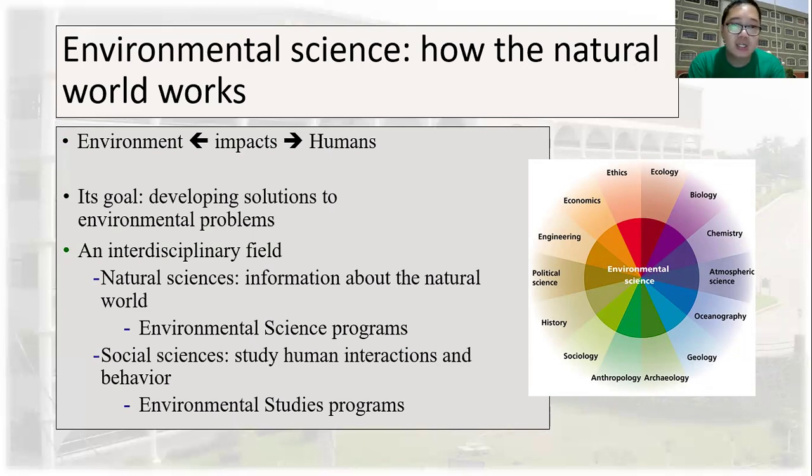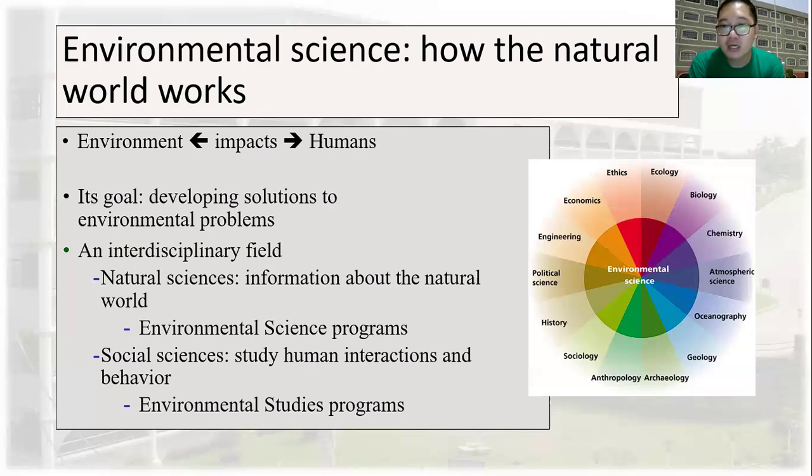Natural science is information about the natural world. It includes environmental science programs, while social sciences are the study of human interactions and behavior. It also includes environmental studies programs. So, environmental science is interdisciplinary because it is interconnected with these disciplines.